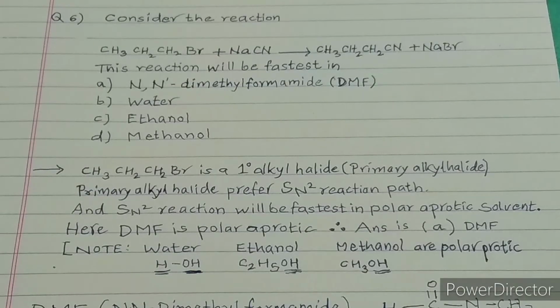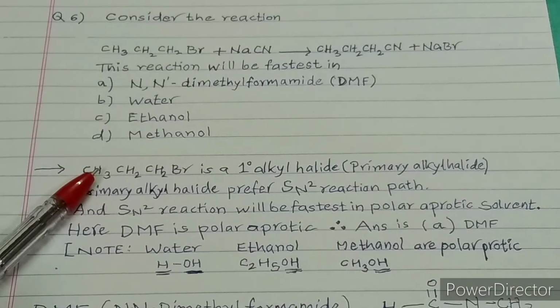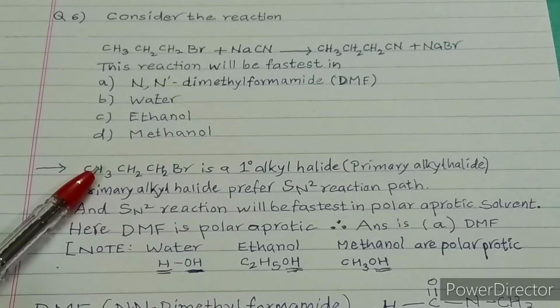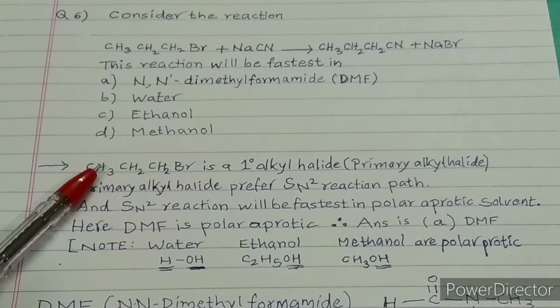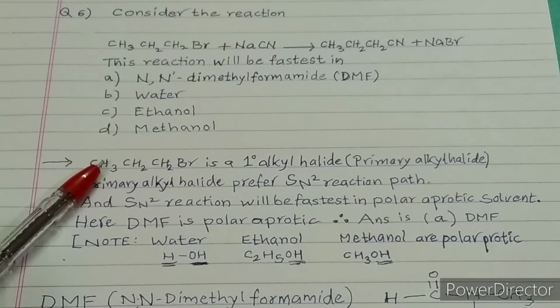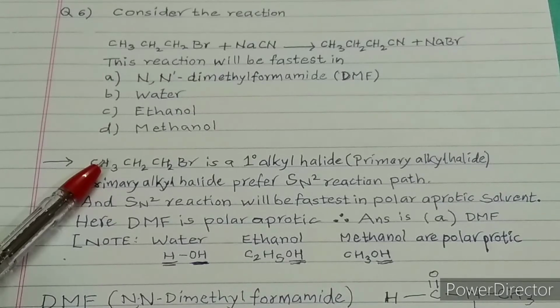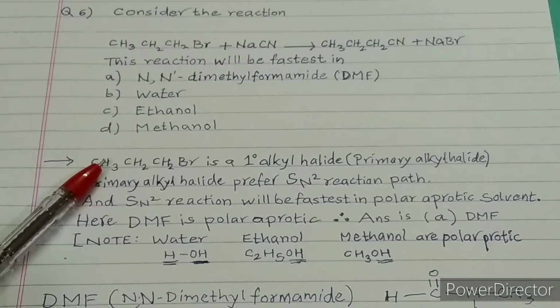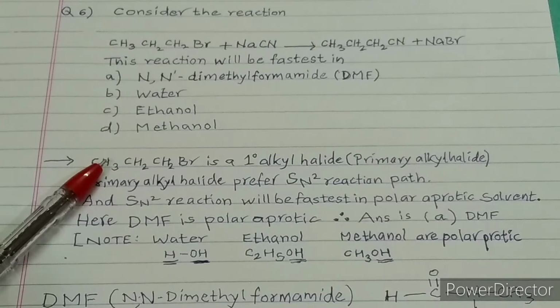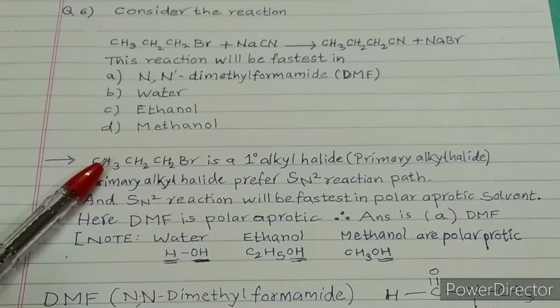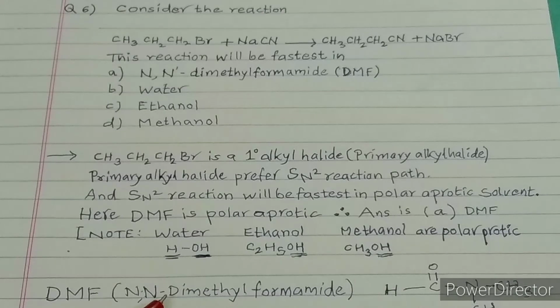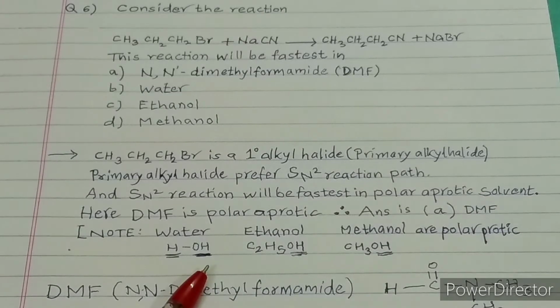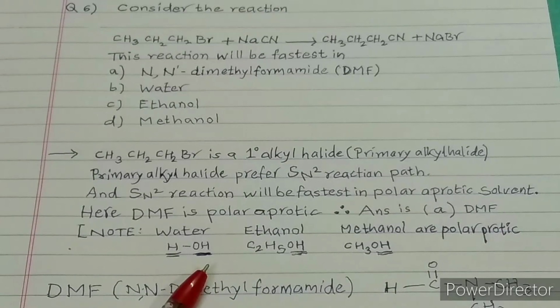We know that tertiary alkyl halides undergo SN1 reactions and they are favored by polar protic solvents. What are polar protic solvents? The solvents which contain OH and NH groups are called polar protic solvents.